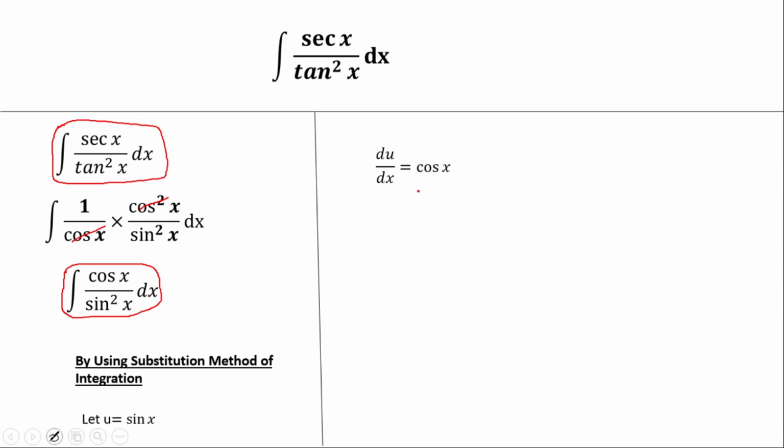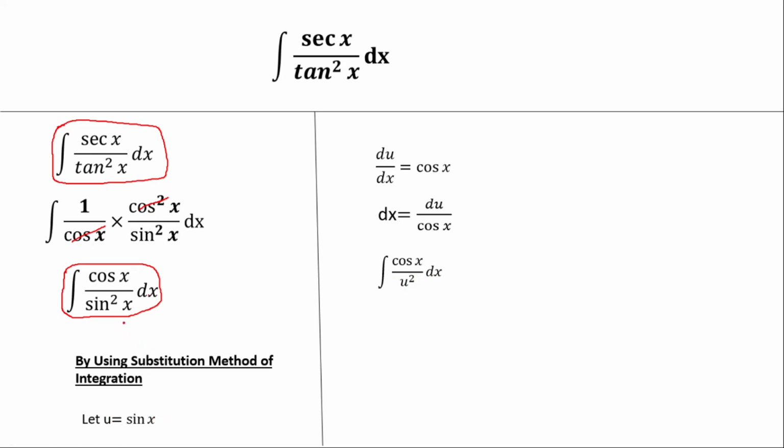Now what you need to do is try to make dx the subject so that you can substitute it here. When you do it correctly, you're going to get du over cos x. After getting this, you're going to place this du over cos x into this equation. So now you get the integral of cos x over u squared dx. Now the u squared is from here. As you can see, we made u be equal to sin x.